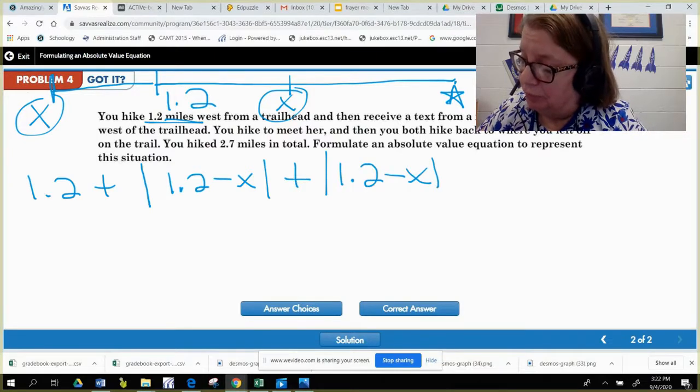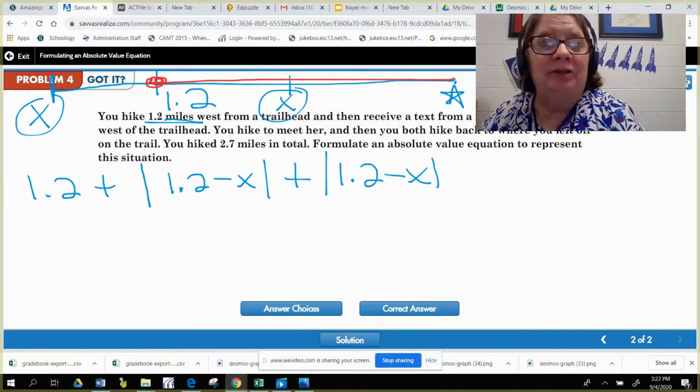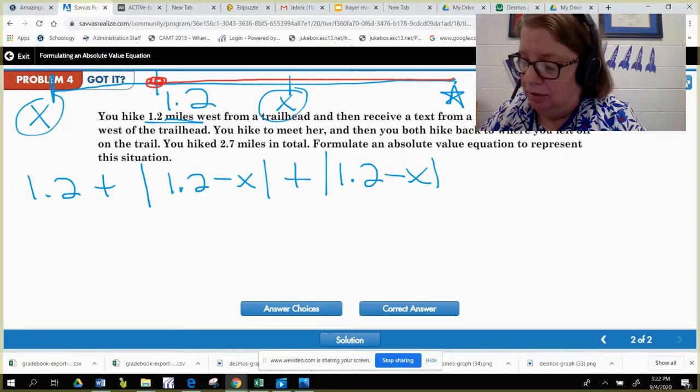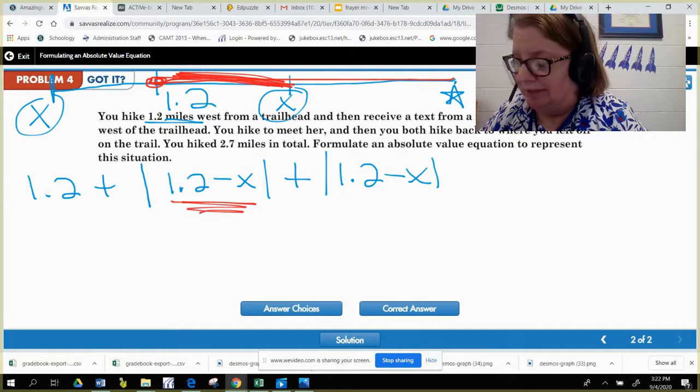See if I can trace it out for you. You hike 1.2 miles. Boom. Your friend says, hey, I'm X miles west of the trail, come meet me. You either go here, which is this 1.2 minus x, right?